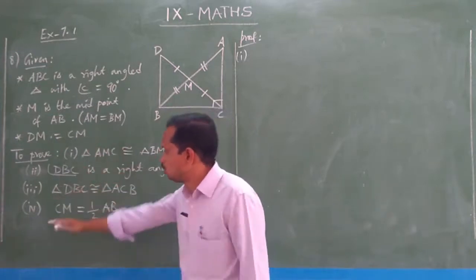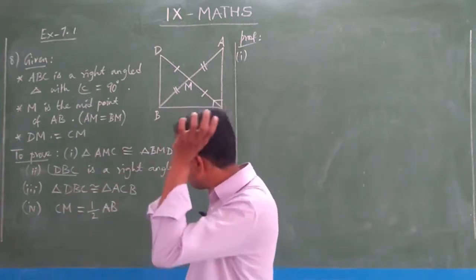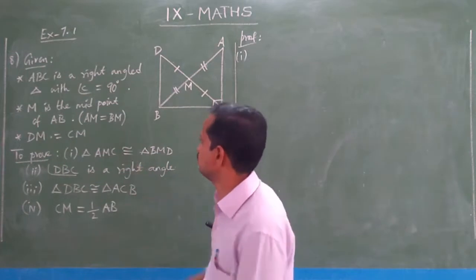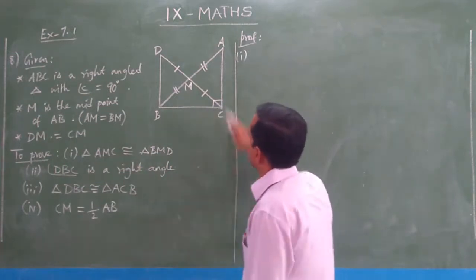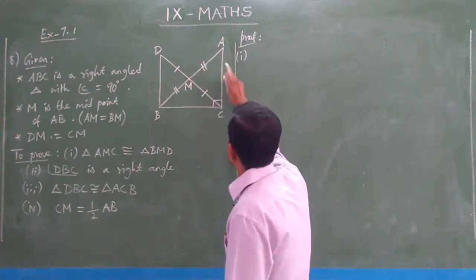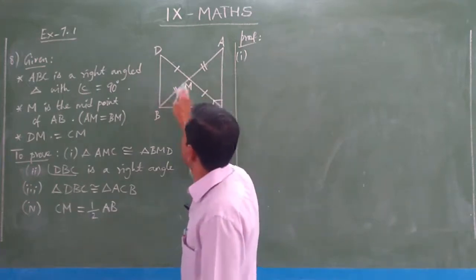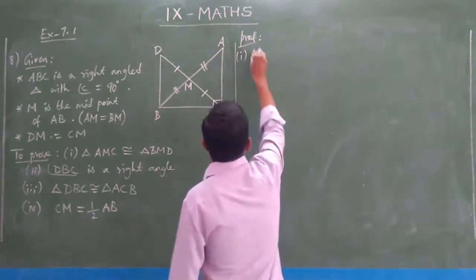To prove all four options, we have to prove them one by one. First one, triangle AMC and triangle BMD.